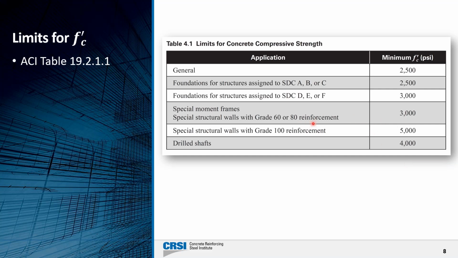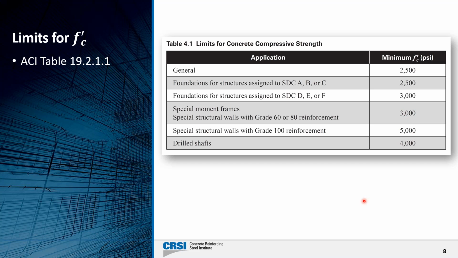Now, because of the inclusion and the permission of grade 80 and grade 100 reinforcement for special structural walls and moment frames, we now have minimum f'c values for those as well. You'll notice here, the use of grade 100 reinforcement in a special structural wall, which is now permitted, requires a minimum f'c of 5,000.